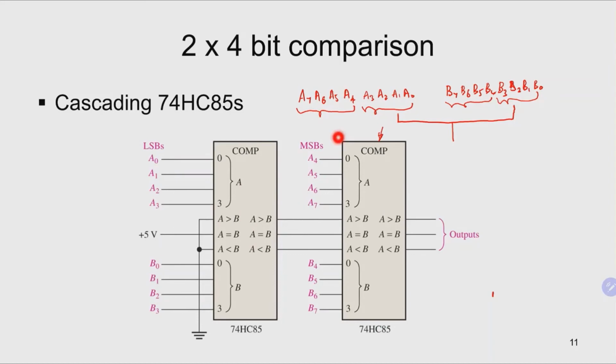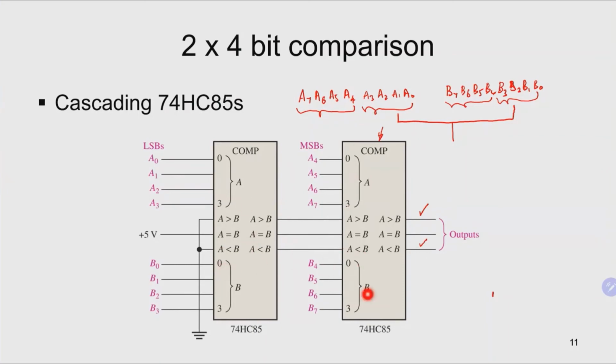But if this 4-bit is greater than this 4-bit, then it will be high. If this 4-bit is less than this 4-bit, then this will be high. It doesn't matter what happens here.